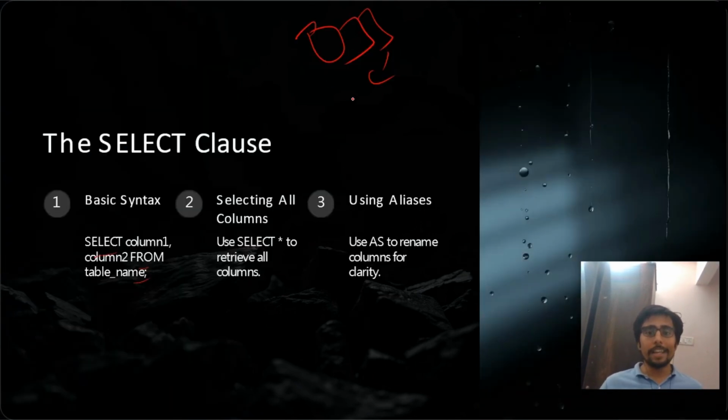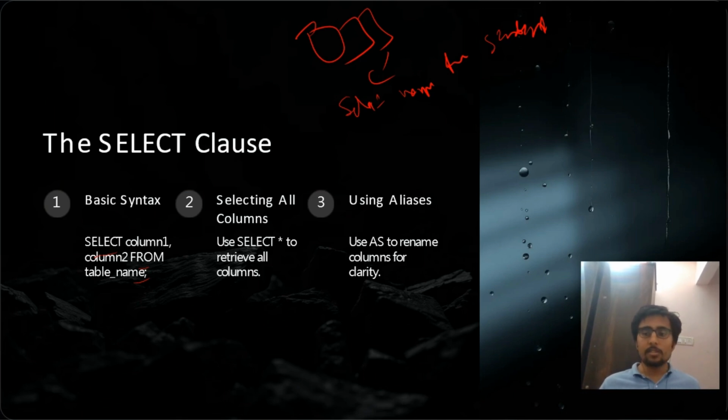If you want to take out all the names of students, select name from table name, and for example the table name is student, so you can write student over here. So this is all about the select query.